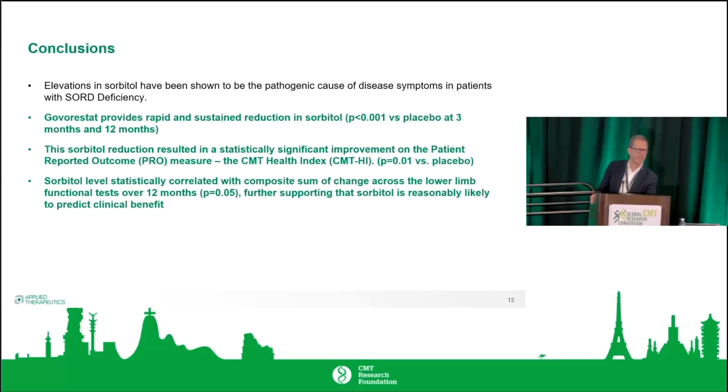Interestingly, we were able to assess the sorbitol level in some of the heterozygous relatives of the patients that are in the study, and very differently from what I would have assumed, their level was significantly higher, even tenfold higher than healthy volunteers, but they had no phenotype. So what that suggests to me is that we humans have a biological tolerance to accumulation of sorbitol that at some point goes over a threshold and we develop a phenotype. That's my assumption so far.